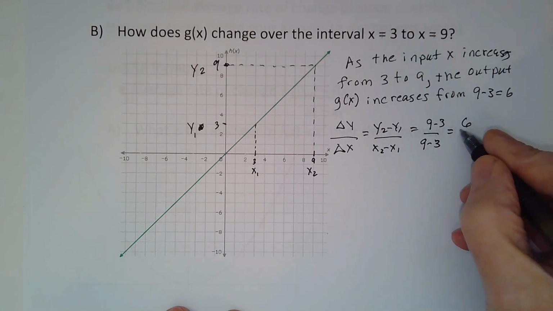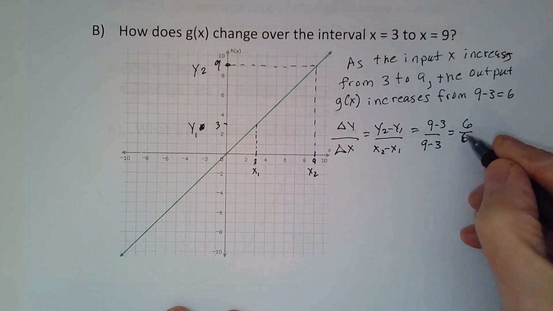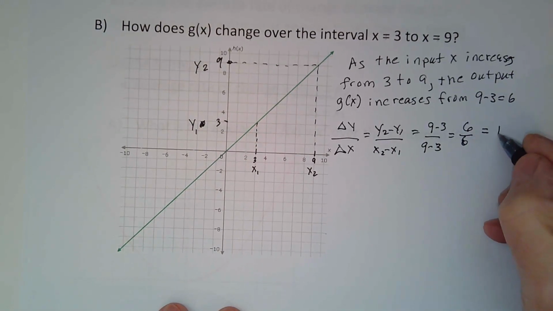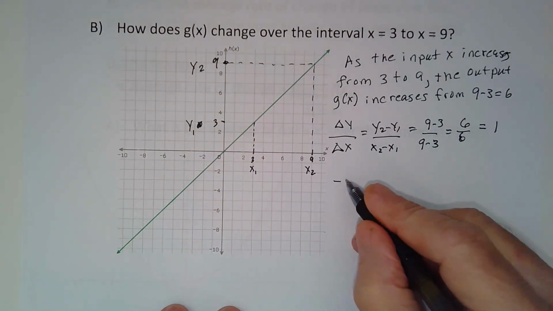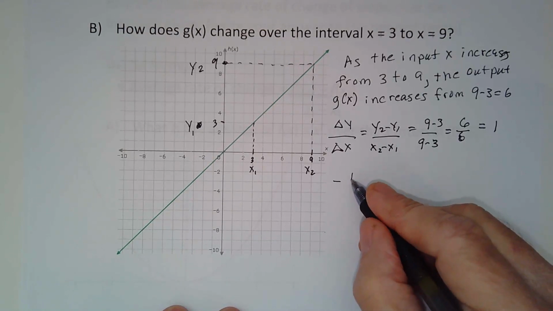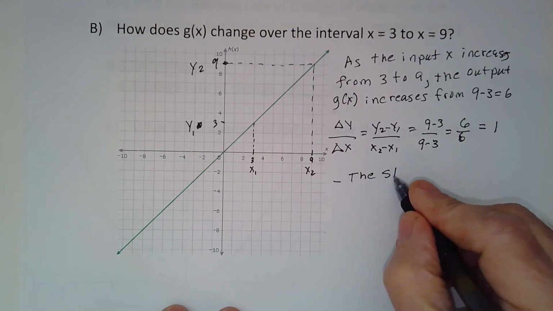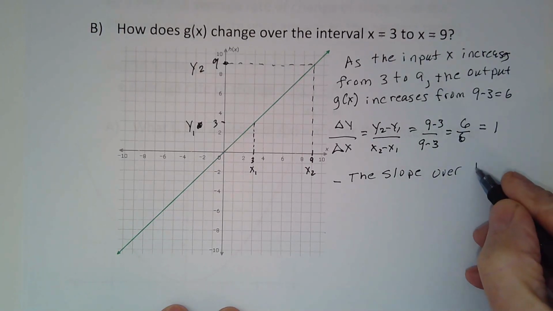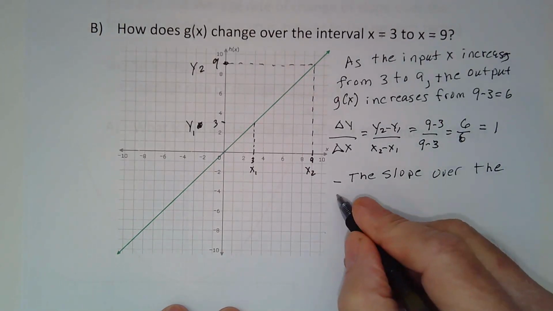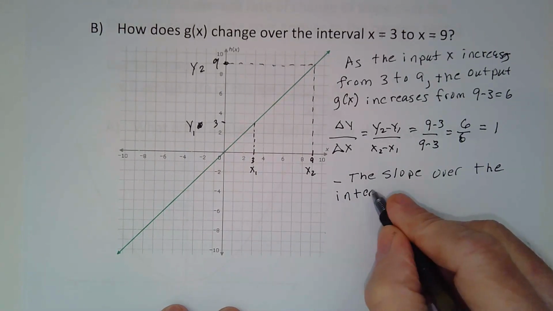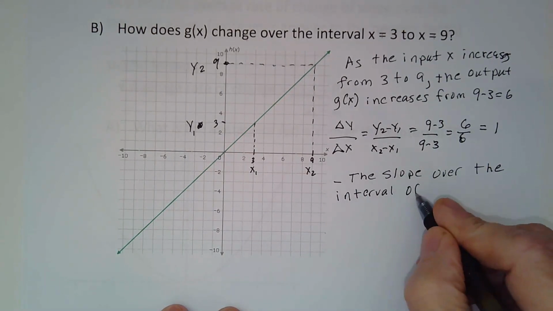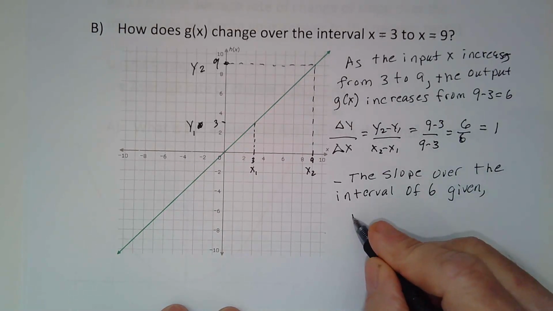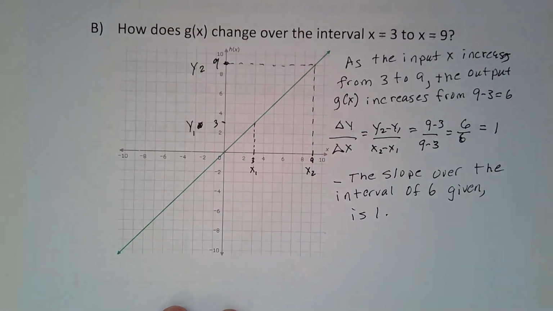That equals 6 over 6. And 6 divided by 6 equals 1. So again, the slope over the interval given, and we'll say the interval of 6 given, is 1. Okay?